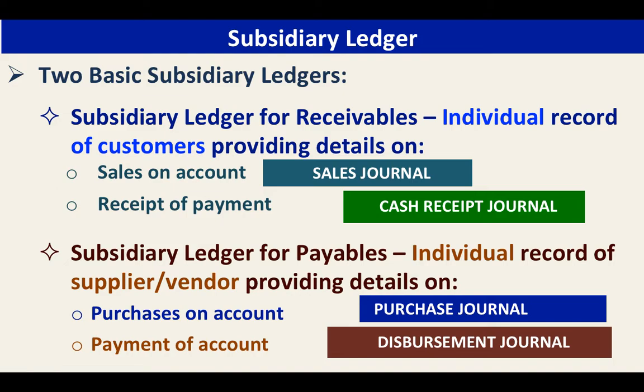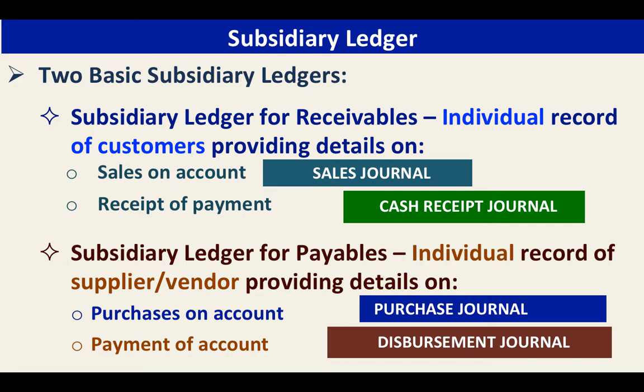So what we are trying to say here, class, is that for your subsidiary ledgers, the reference of recording will be from sales journal and cash receipt journal. Okay? And also for your payables, the purchase journal and disbursement journal. So these are the two major records that you can use, okay? So you can maintain your subsidiary ledgers, okay?